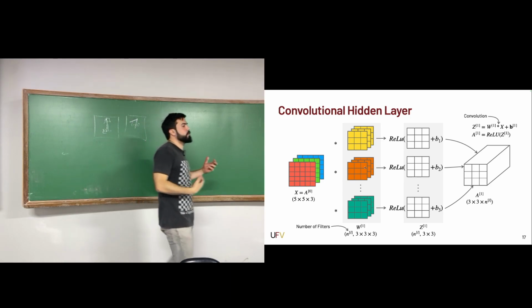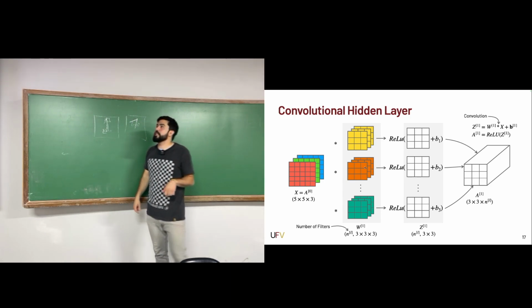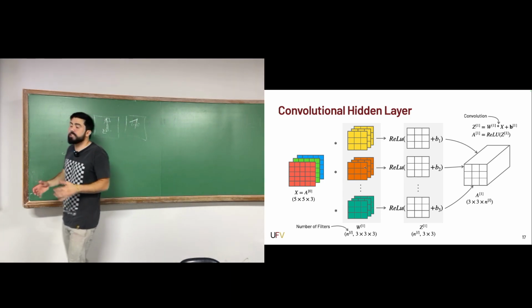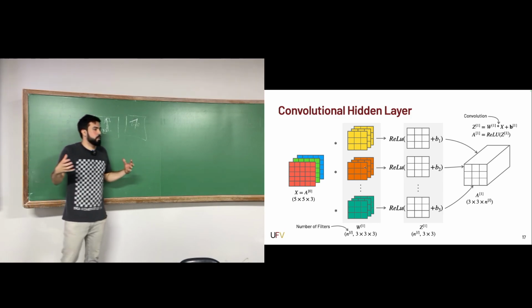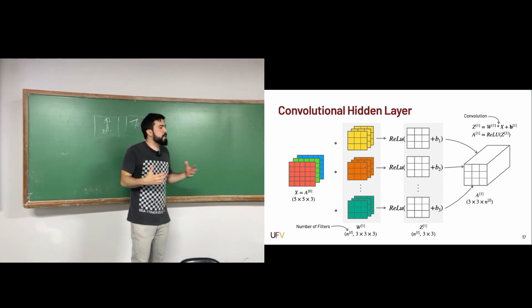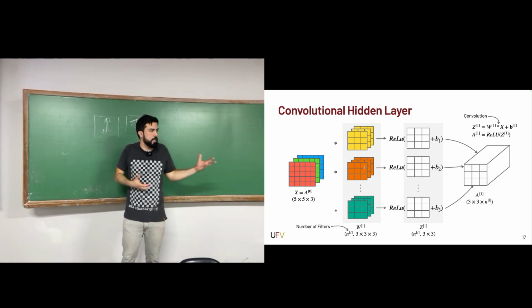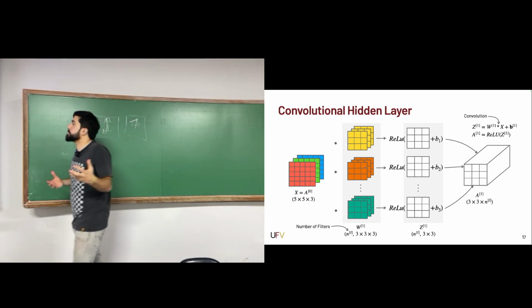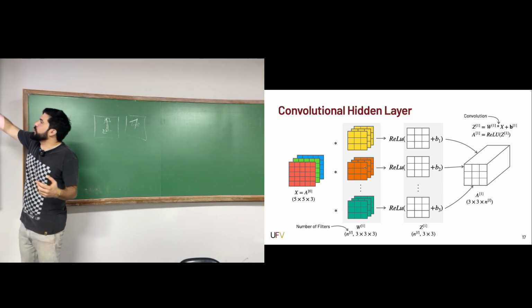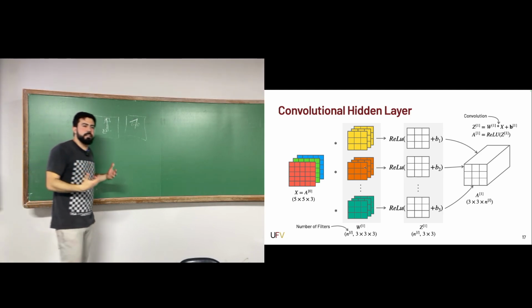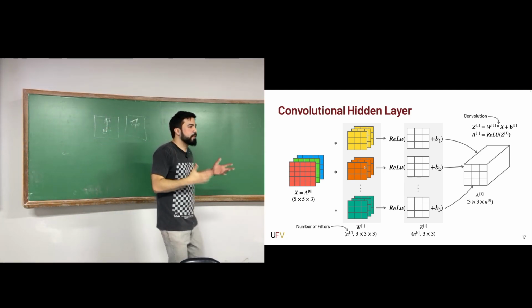The activation of a hidden convolutional layer is a volume. And the depth of this volume depends on the number of filters you pick for that layer. And also here I'm using ReLU, but you can pick any activation function you want. But ReLUs are more common.